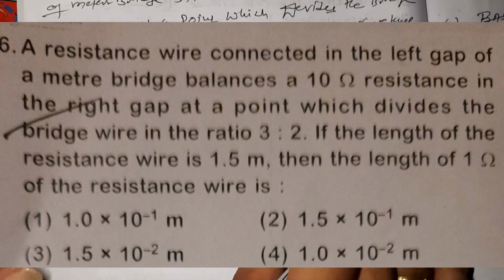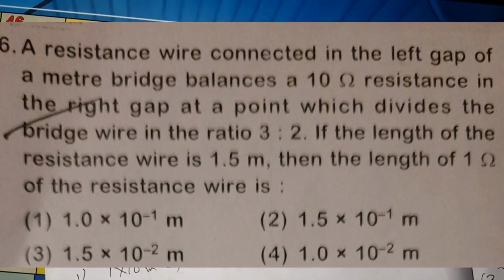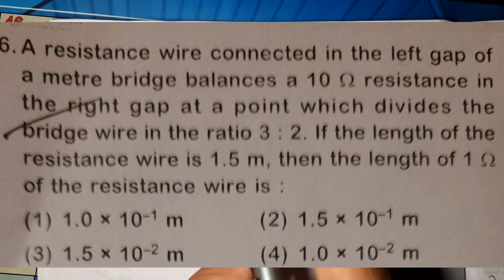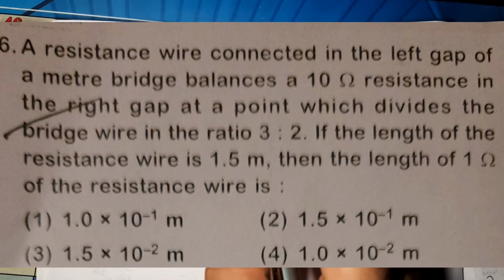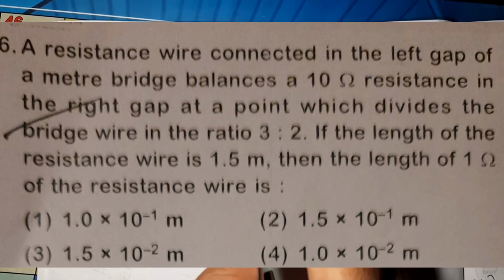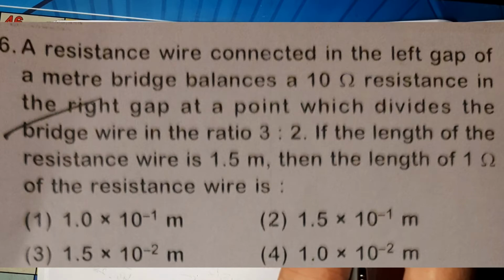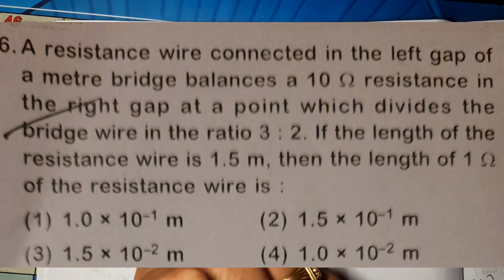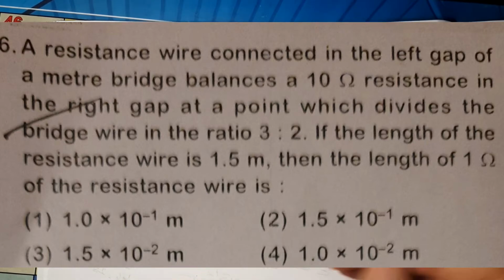Now another problem given in the NEET examination. A resistance wire is connected in the left gap of a meter bridge, and it balances a 10 ohm resistance in the right gap at a point which divides the bridge wire in the ratio 3:2.